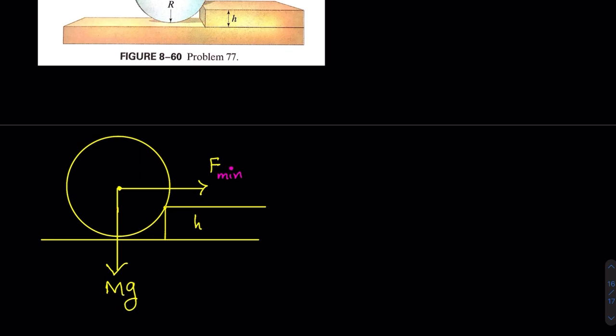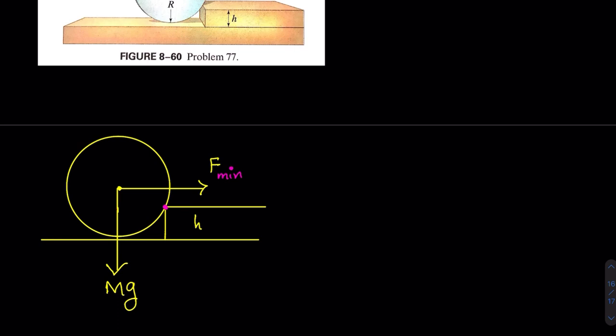In that case, there will be only two forces, and this force actually will make a turning effect with respect to this point, the point that the wheel is in contact with the step. So with respect to this point, this force makes a turning effect. And also the mg, the weight of the wheel, also makes a turning effect.